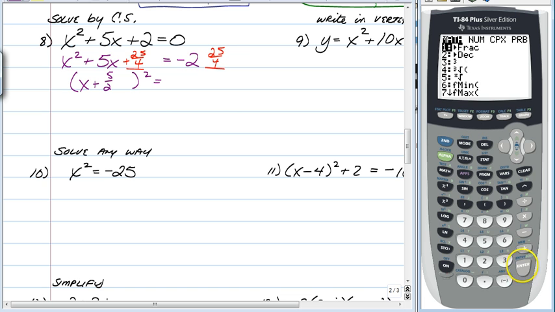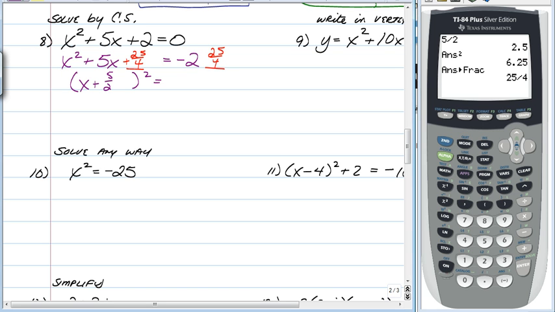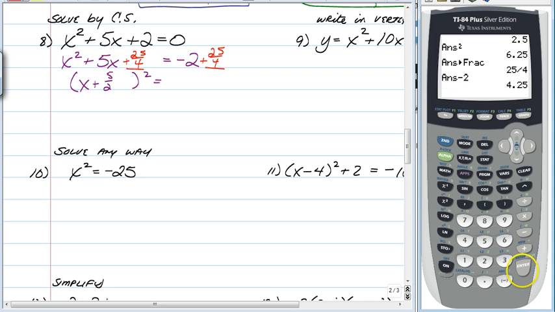Then if you click math, enter, enter, and change it to a fraction, it will give you the 25/4. So now remember, in here, this is a plus 25/4. So this is 25/4 and a negative 2. From here, you can just press minus 2, enter, and then change it back to a fraction. So math, enter, enter. We get that the right side is 17/4.